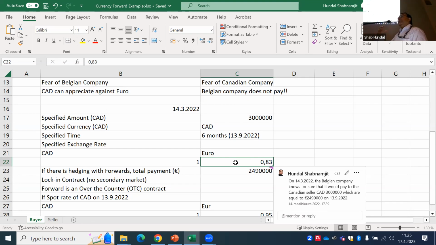So the forward rate is a glimpse of the future spot rate. You can use it as a hint: if the forward rate is bigger than the spot rate for this time period, there's a high likelihood that this country's currency is going to rise.